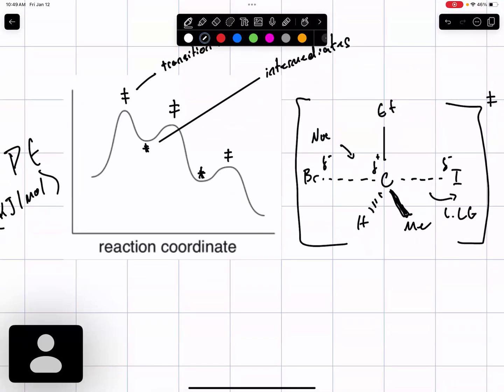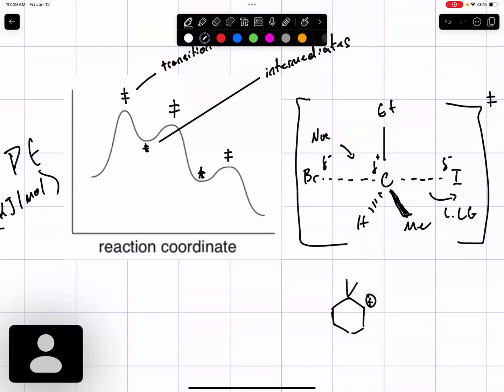And these intermediates are just a 4 bonded carbon, but representing somewhere in between. It could be representing, like, before rearrangement. Let's say you had something along these lines.